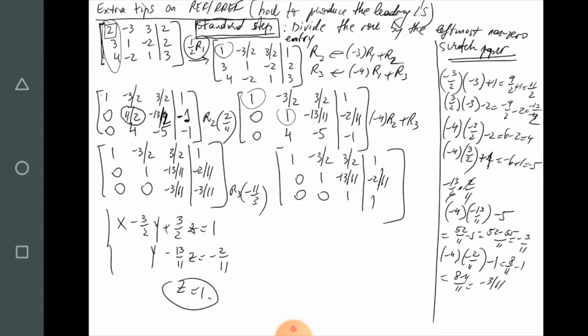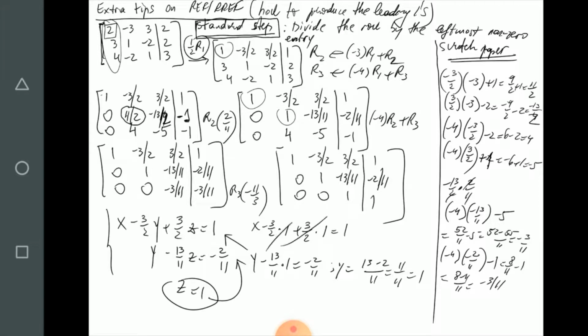As you substitute z in the second, y is 13 minus 2 over 11, that's 1. And go back to the first equation, replace y with 1, z with 1, that makes x equals 1. So the solution is x equals 1, y equals 1, z equals 1.